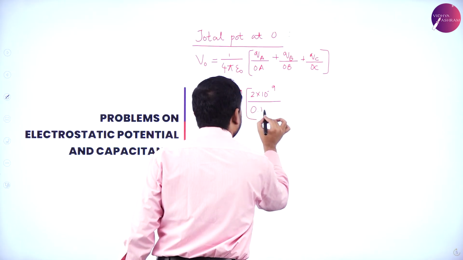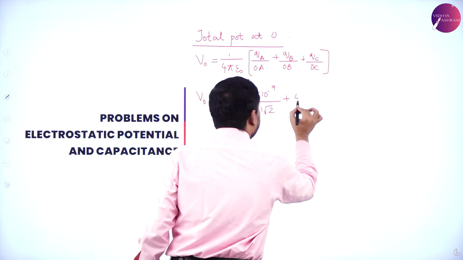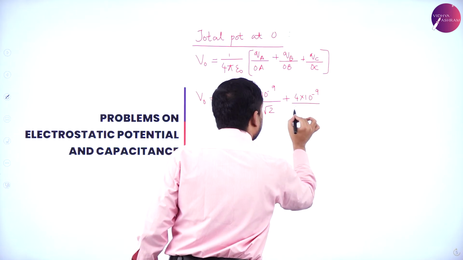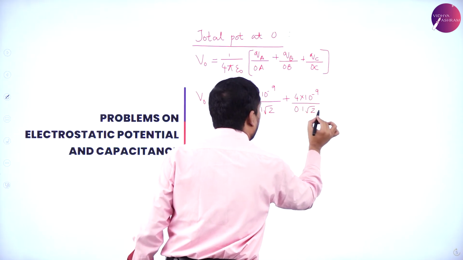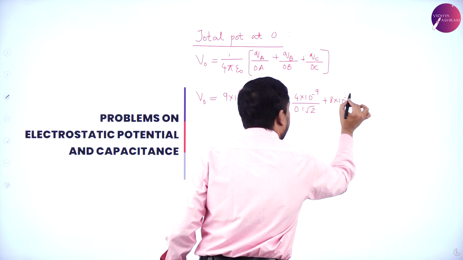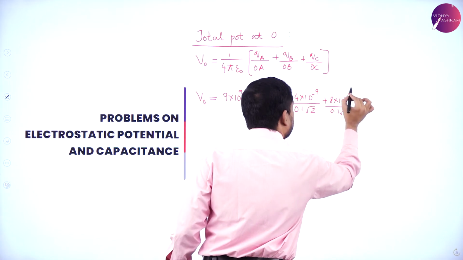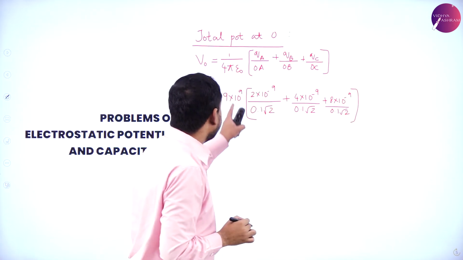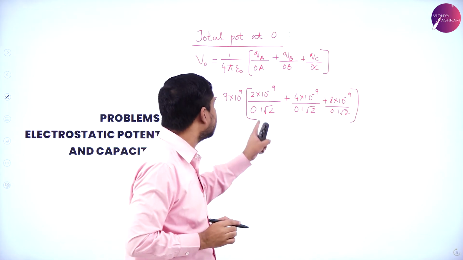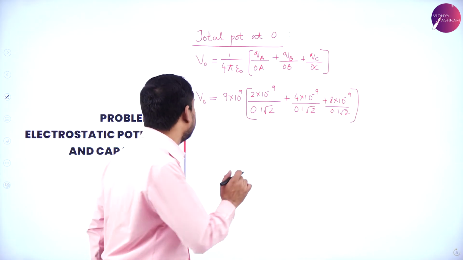OA is 0.1 root 2, plus 4 into 10 power minus 9 by 0.1 root 2, plus 8 into 10 power minus 9 by 0.1 root 2. 10 power plus 9 and 10 power minus 9 cancel. 0.1 root 2 is common.